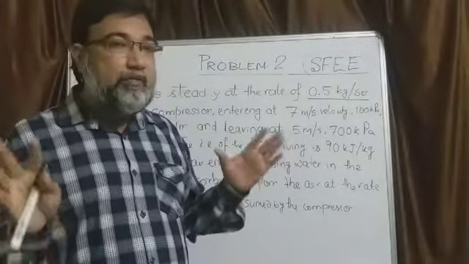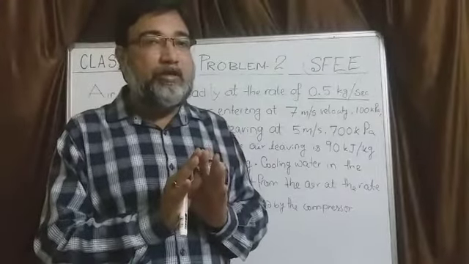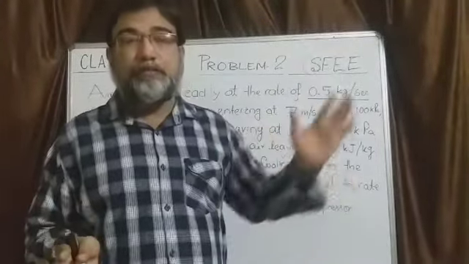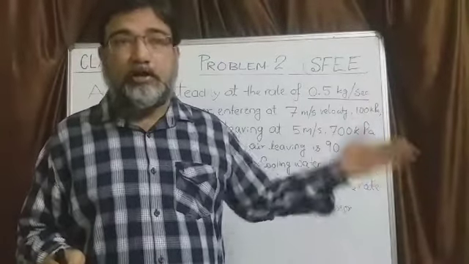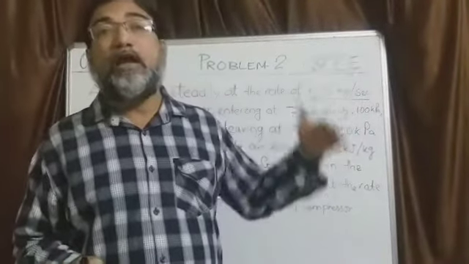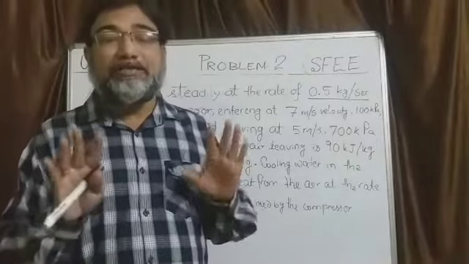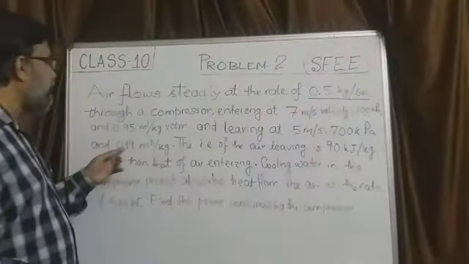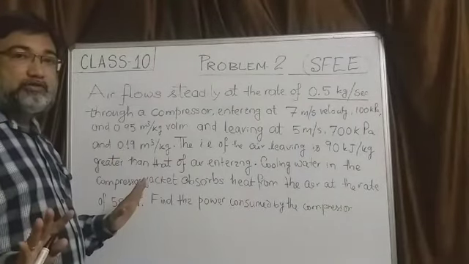And air being a compressible substance, when the pressure changes, its volume also will change. So at the exit, the volume and the pressure values are expected to be different from 100 kilopascal and 0.19 meter cube. Common sense. Clear?